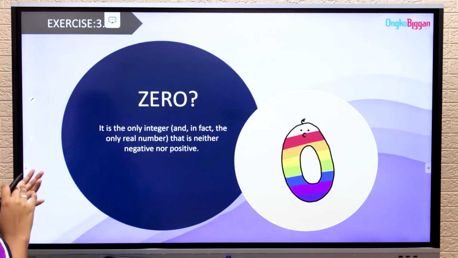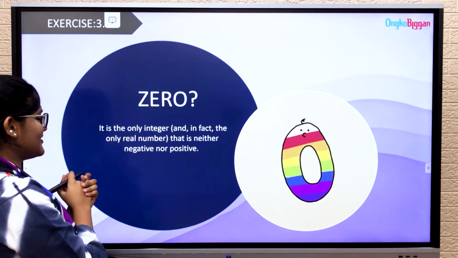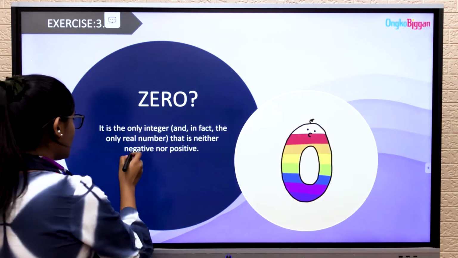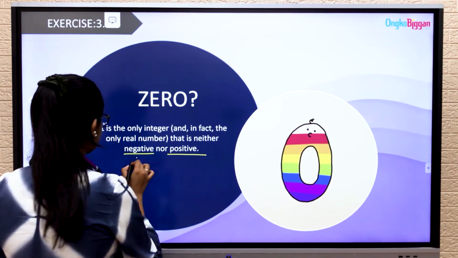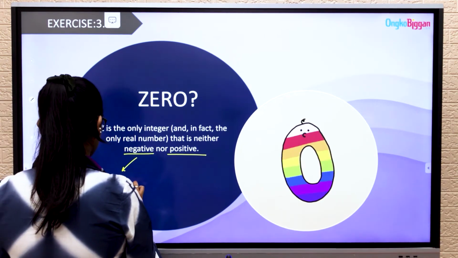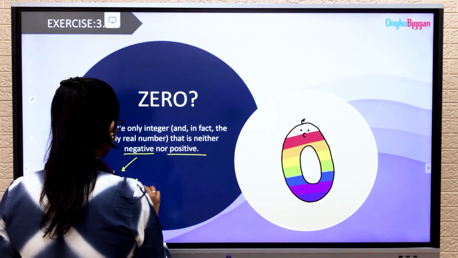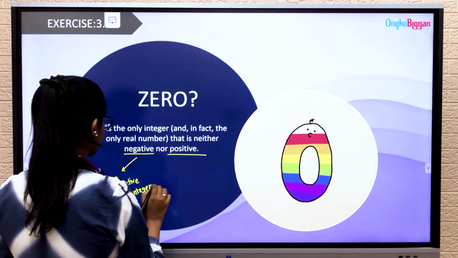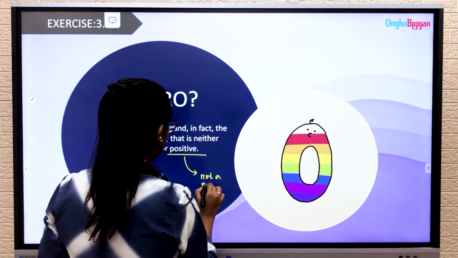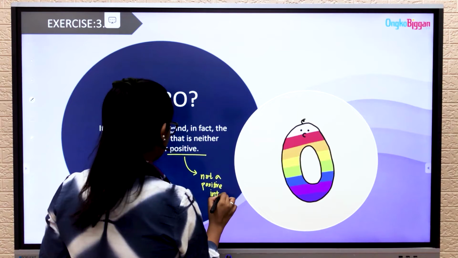So yes, let's now move forward. What is 0 then? It is the only integer, and in fact the only real number, that is neither negative nor positive. That means it is neither a negative integer nor a positive integer.